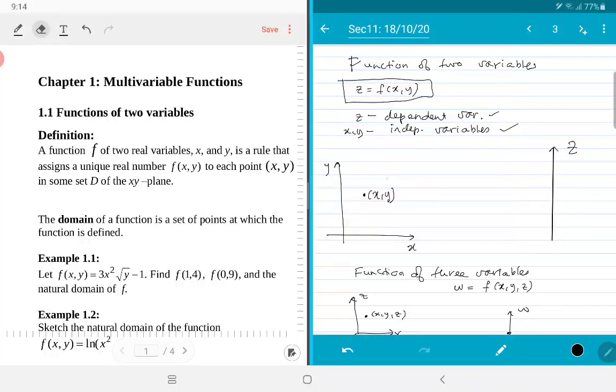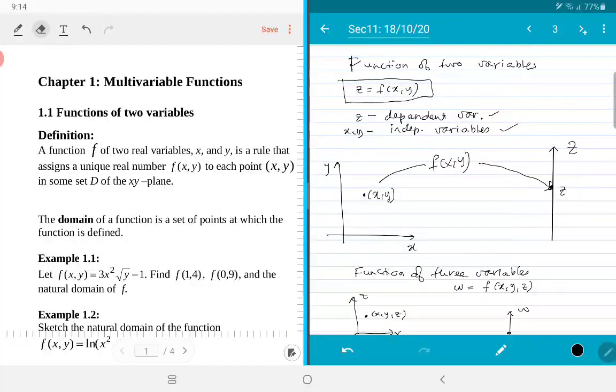So when you put this point (x, y) in function f, you will end up with a unique value z. Well, it says f(x, y), but then f(x, y) is, in this case, z. So you have a unique value z when you put point (x, y) in function f. So f here is a rule.